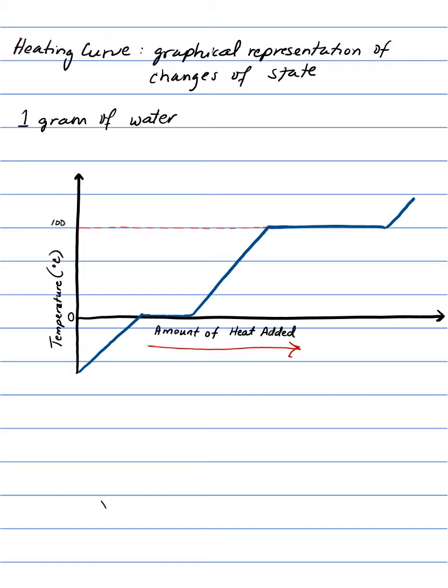So 0, it's a temperature. That's the melting point for water. The melting point for water represents the temperature at which water goes from a solid to a liquid.